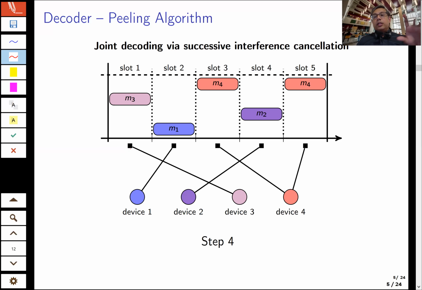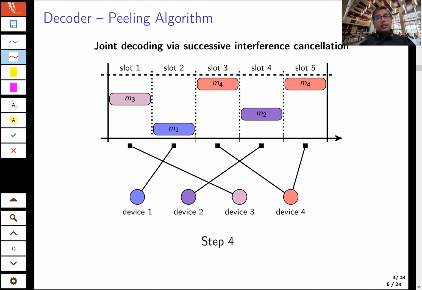Using this type of analysis, you can design the probability mass function from which you should choose these random variables. It turns out that you get very high throughput. In fact, we can prove that you can get arbitrarily close to 1 for the throughput, which means K users can more or less finish transmitting in K slots. So that was a very nice idea.